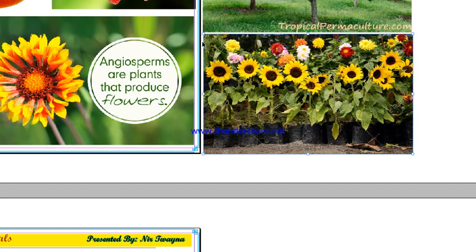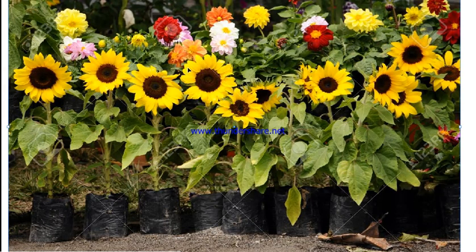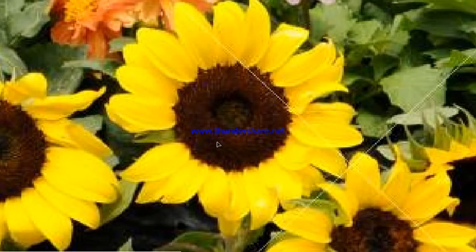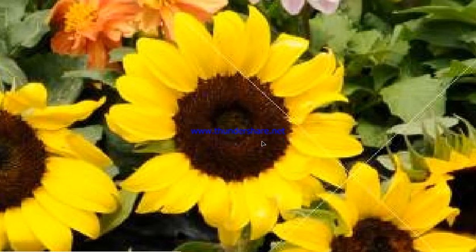But in reality, you just see one flower. Yes, you see this as one flower, but this is not one flower. This is a composite of hundreds of flowers. This is a composite flower. You will study that in higher grades. It is made up of hundreds of individual flowers.